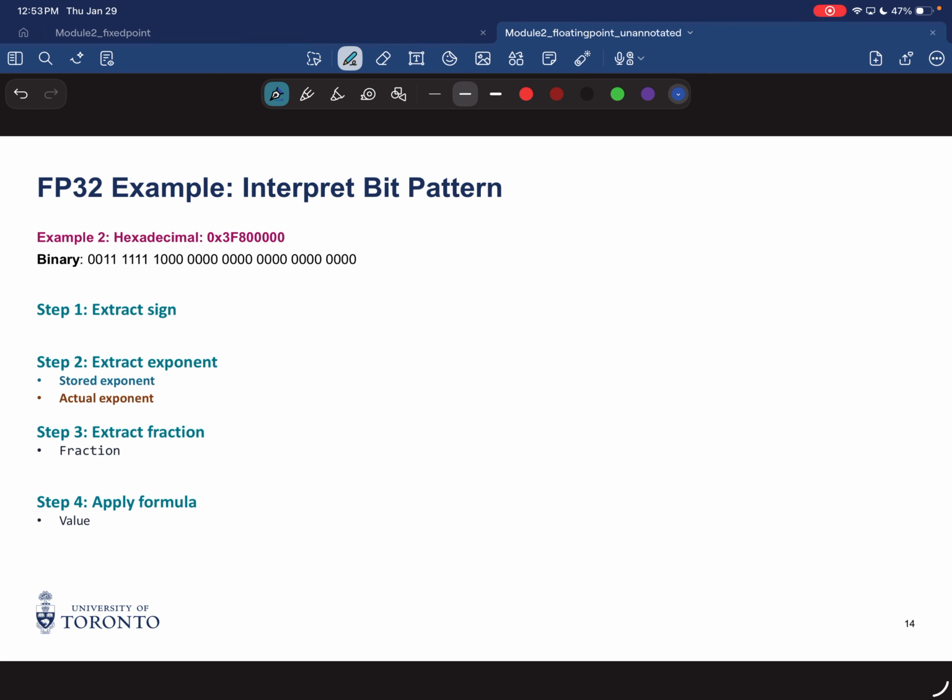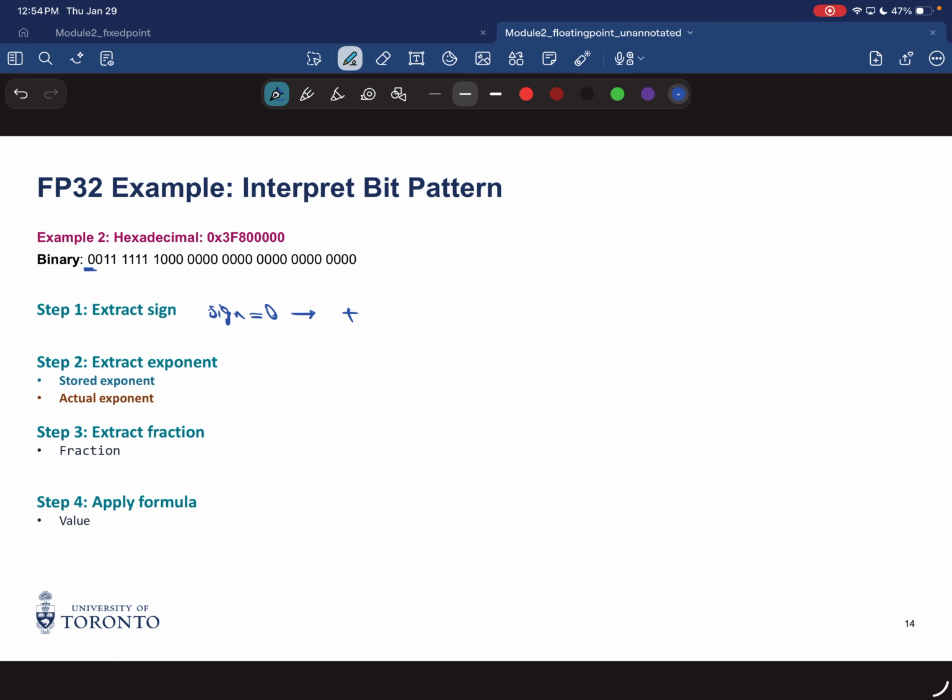Okay, let's do the reverse one, and then we solve more examples tomorrow. Here we are doing the reverse, which is interpreting. So we have 32 bits, and we want to find the decimal value for this. Extracting the sign: the first bit is the sign. Is this positive or negative? Sign is 0, so this must be a positive number.